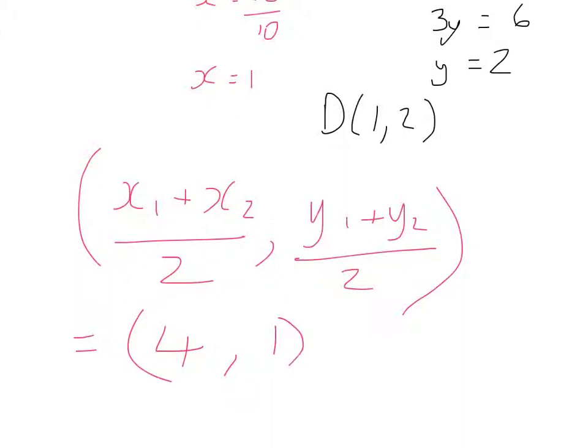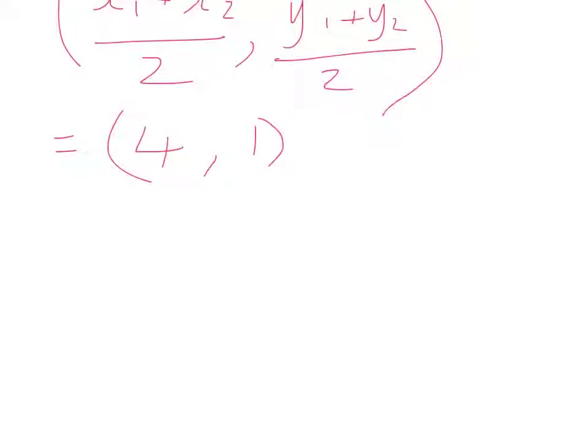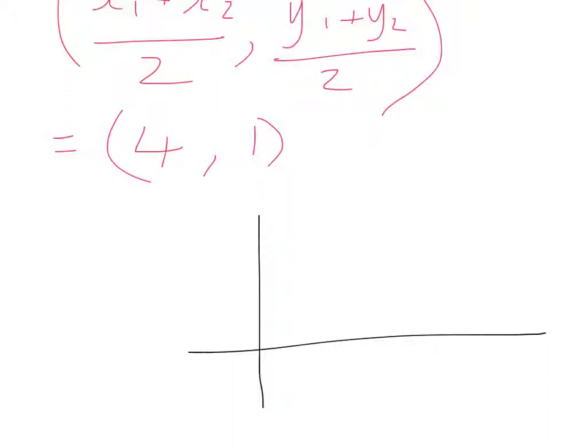Now I know E's coordinates and I know D's coordinates. I could have a look at my drawing again. So D being 1, 2 and E being 4, 1. It looks something like that.